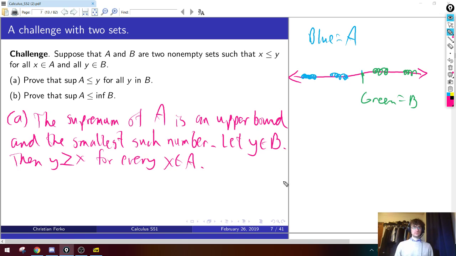This means that it is either true that the supremum of A is equal to the lowest, well, the supremum of A. Okay, pronounce it supremum.